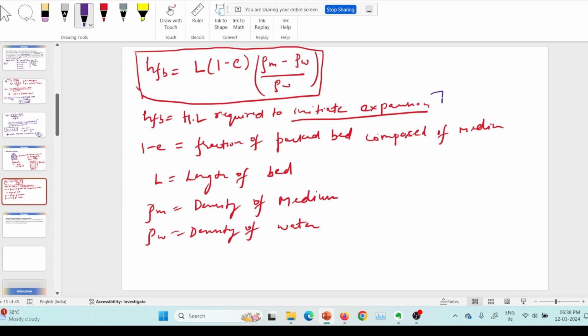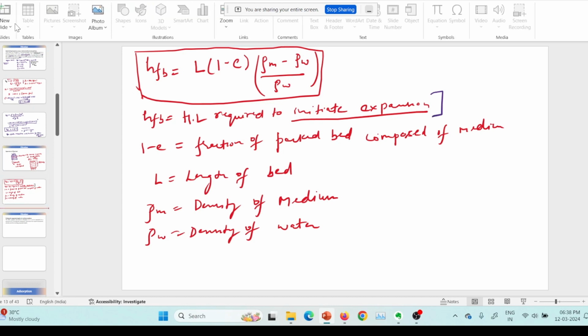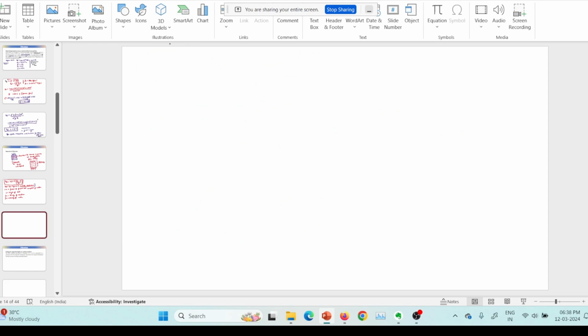This is the head loss required to initiate expansion. And the head loss of the expanded bed, what will change?